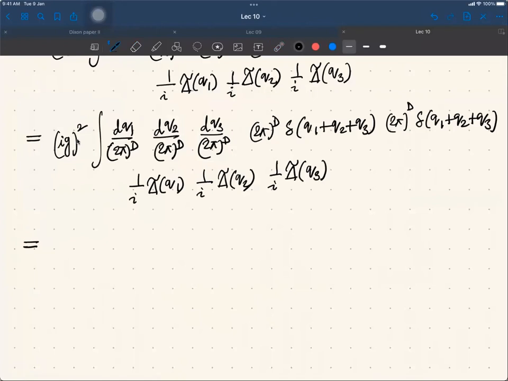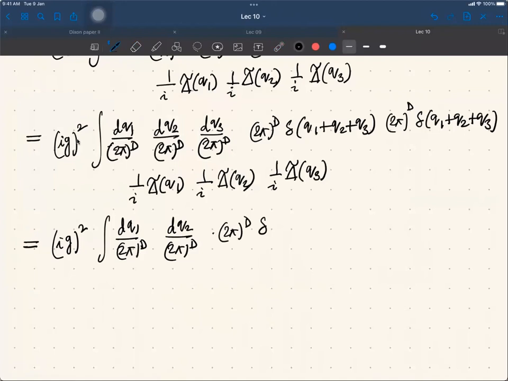So let us integrate out q3. So (Ig) squared integral dq1 over 2 pi to the power d, dq2 over 2 pi to the power d. The 2 pi to the power d for q3 cancels, then 2 pi to the power d delta.